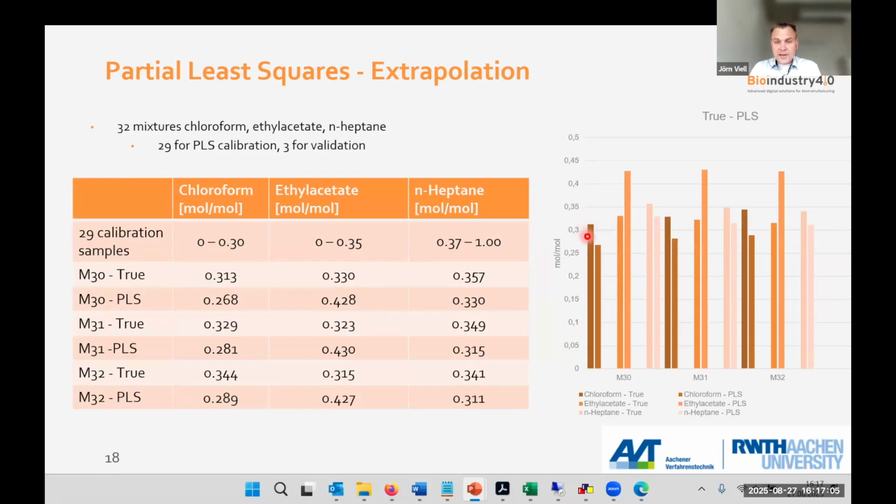The true value and the predicted value differ by more than 10% of the value, because the calibration has only been carried out up to 30%, 35 in that case, and if you go outside, then there's a significant difference between the true value and the PLS prediction.